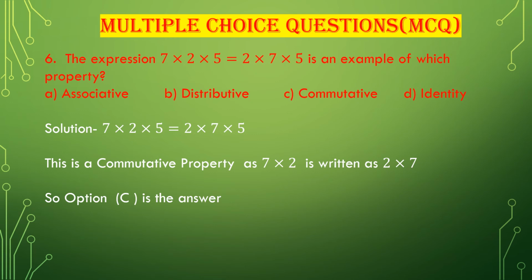Now we solve question number 6. Question number 6 is the expression 7 multiplied with 2 multiplied with 5 equal to 2 multiplied by 7 multiplied by 5 is an example of which property?